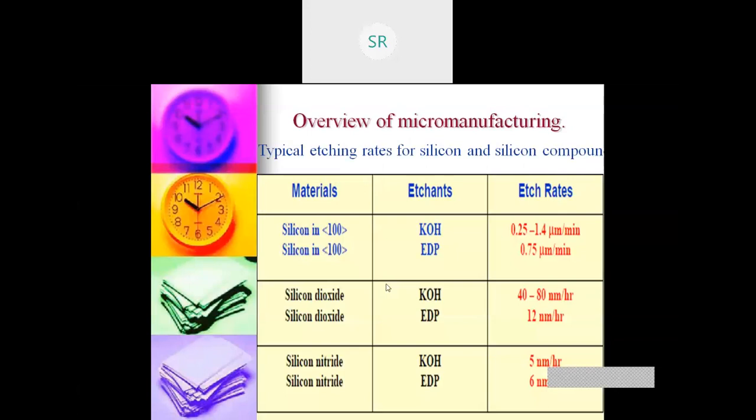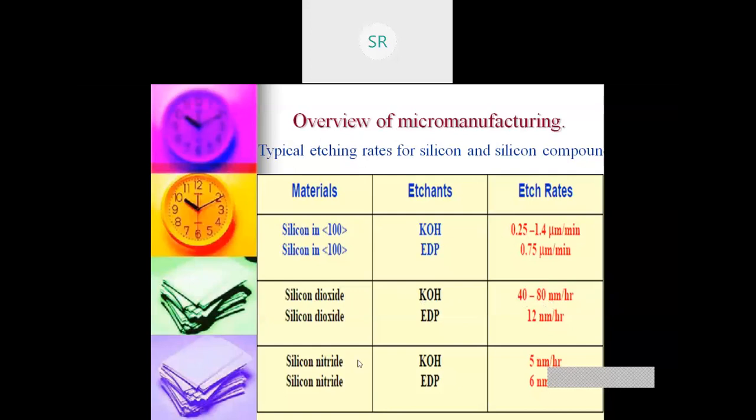This is very important. If I take silicon as the material and KOH as the etchant, my etch rate is 0.25 to 1.4 micrometer per minute. If I take silicon dioxide with the same etchant, my etching rate is 40 to 80 nanometer per hour.